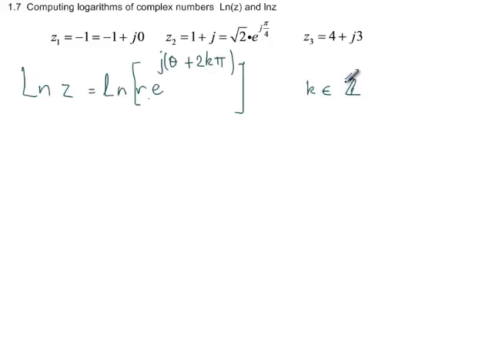So how many integers are there? Can you count them? Yes, you can count them. But can you exhaust them? You cannot. Then we say they're infinite, isn't it? So if the k's are infinite, these arguments are also infinite. So a complex number has got infinite arguments.